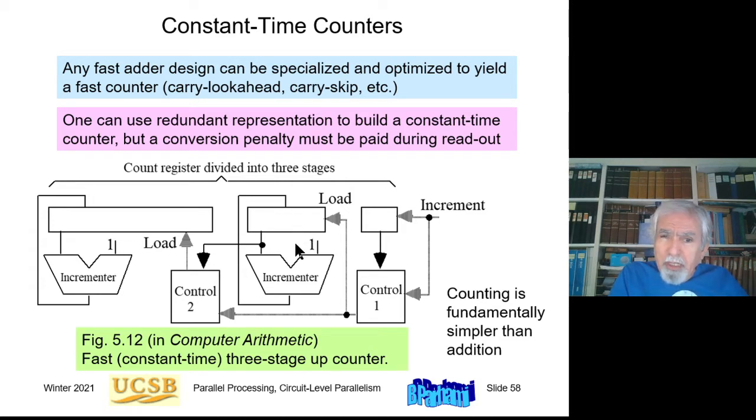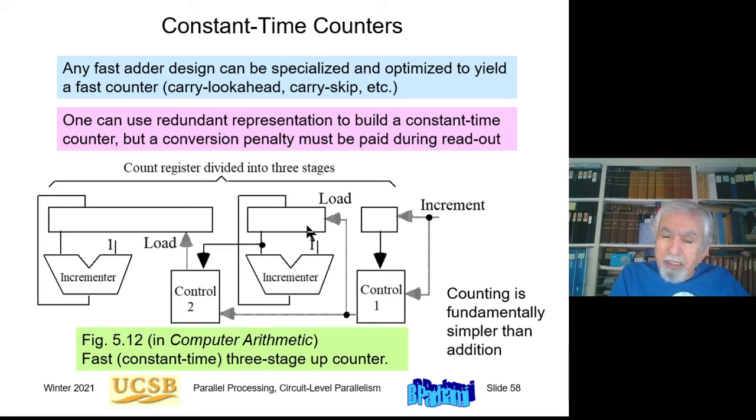So the old content plus 1 is pre-computed and it's ready, so that when this control unit signals, we just load that pre-computed value into this register. Similarly, if this register, let's say it's 8 bits, this part of the register is 8 bits, then it takes 256 incrementations of this part before this part needs to be incremented.